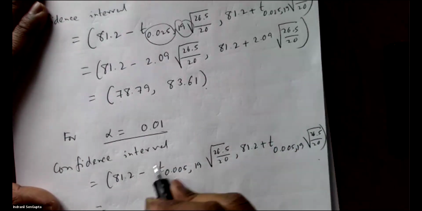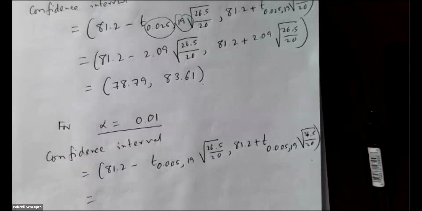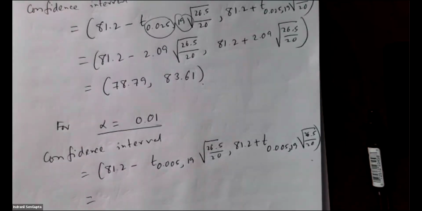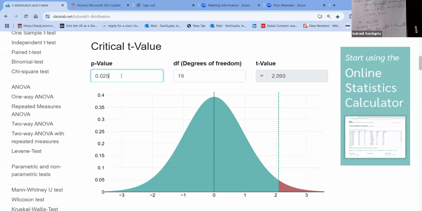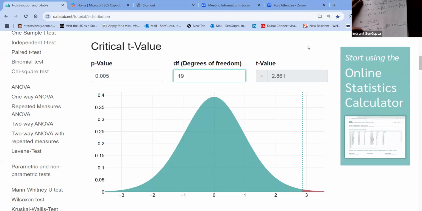Okay, so let's compute this number. So once again, the p-value is 0.005, and this one is 19. So let's hit enter, and the result is 2.86. Okay, so I get 2.86 here.